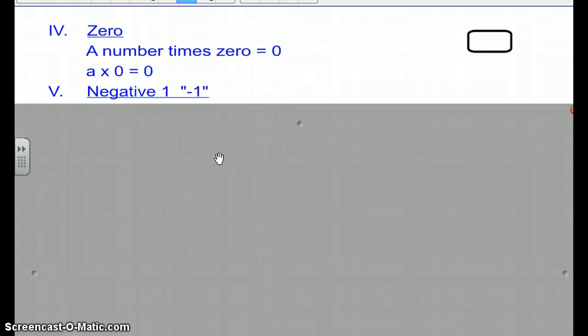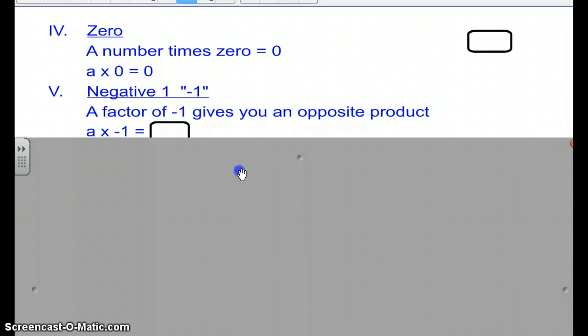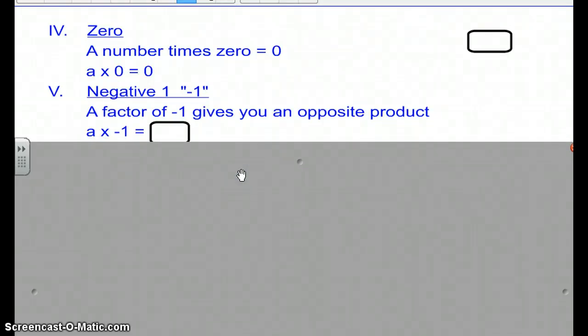It can switch the sign. It switches a sign or becomes the opposite, right? The opposite. A factor of -1 gives an opposite product. A times -1, can you finish that, Anthony? Equals, good job, -A. Excellent.